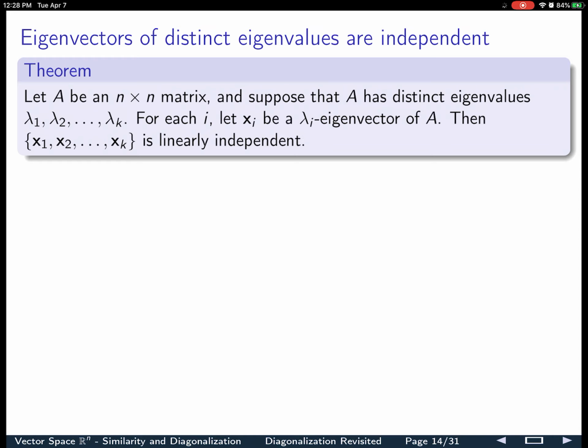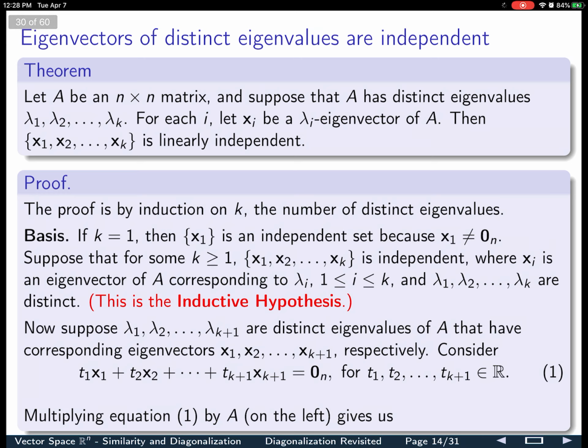So, if all of the eigenvalues were different, then we'd know right away that the matrix is diagonalizable because eigenvectors that correspond to different eigenvalues are necessarily linearly independent. And we can see that using some induction here. As a base case, we just look at the first eigenvector, and that is a linearly independent set because it's not a zero vector.